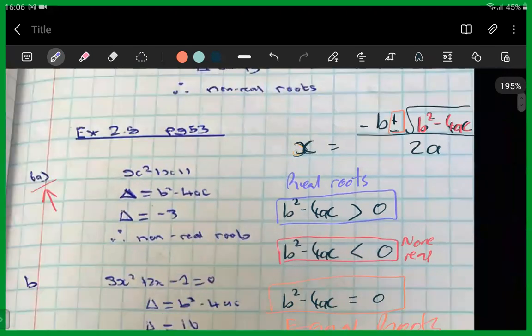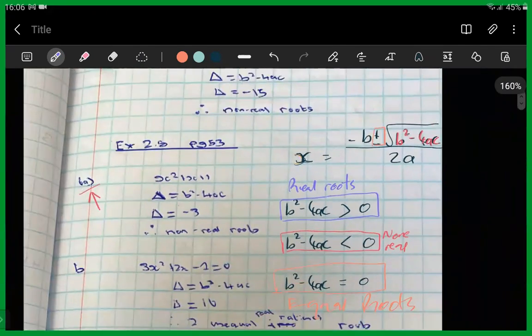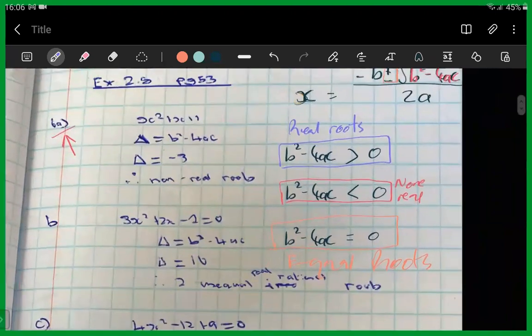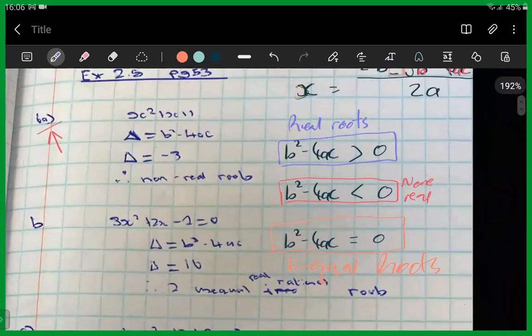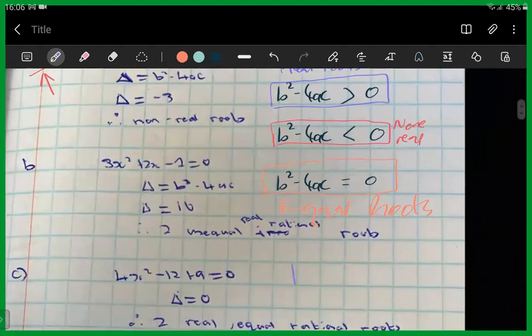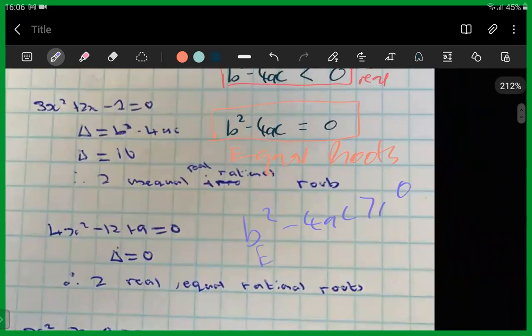Obviously, when they say real and equal roots, then we mix the two. We'll have b squared minus 4ac bigger than or equal to 0.